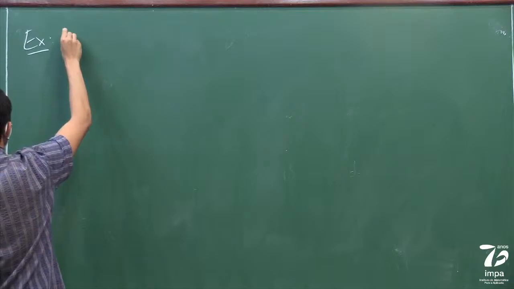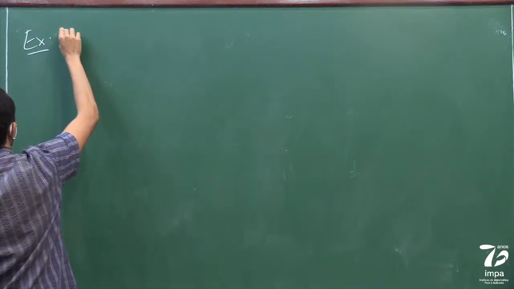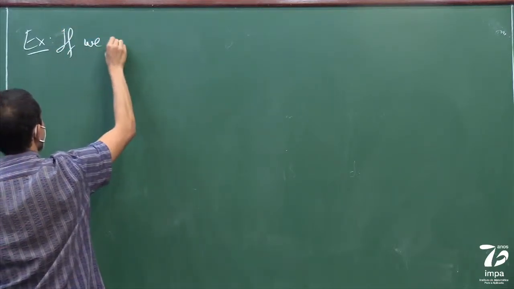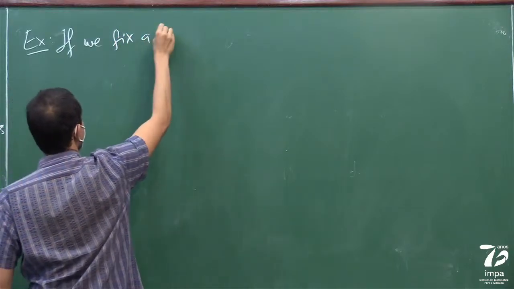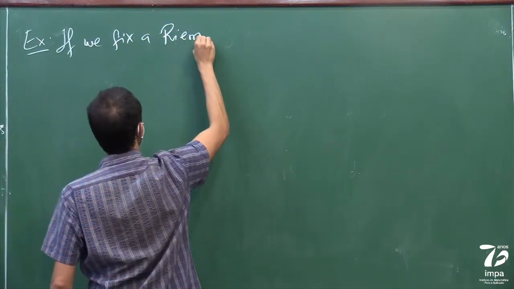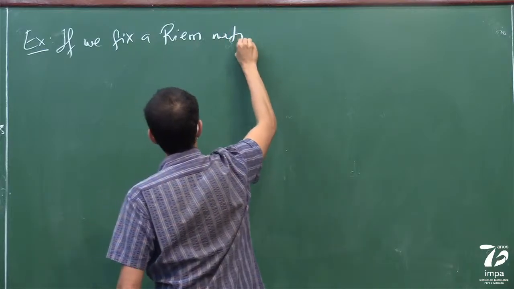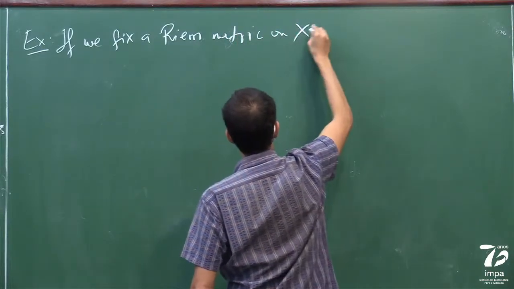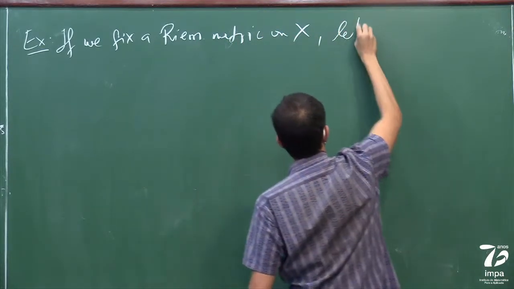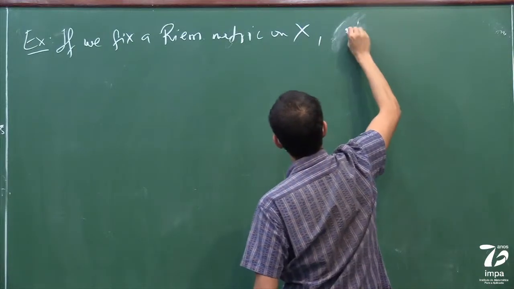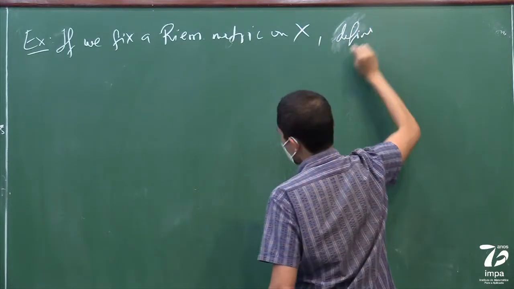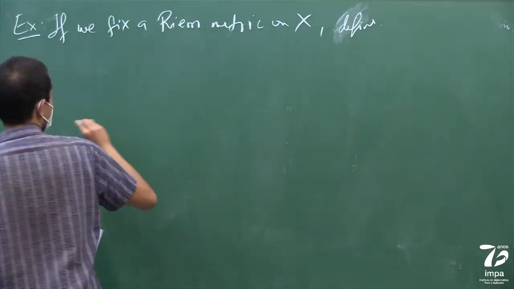So for example, if we fix a Riemannian metric on X, we can define what's called the gradient.